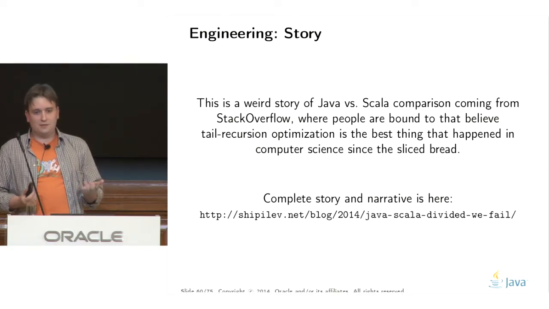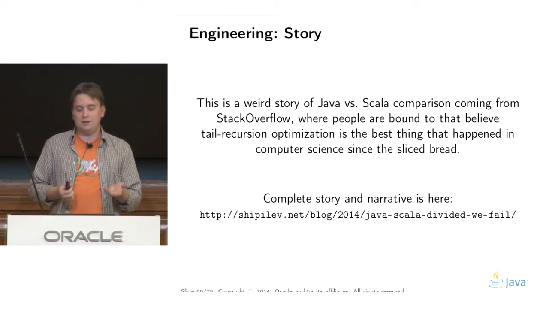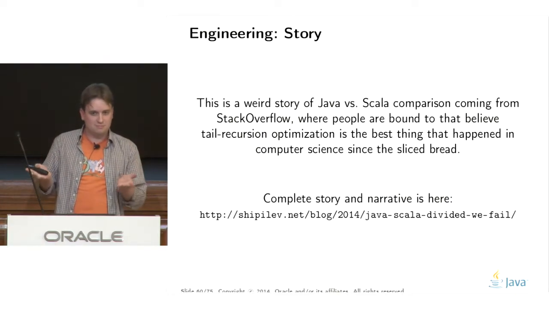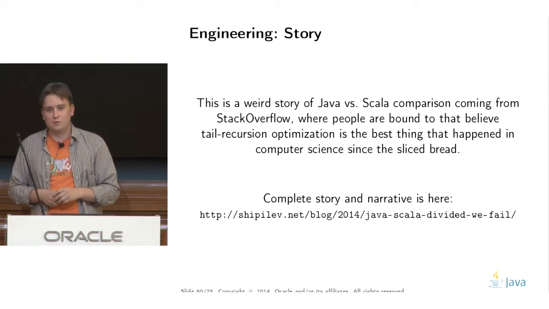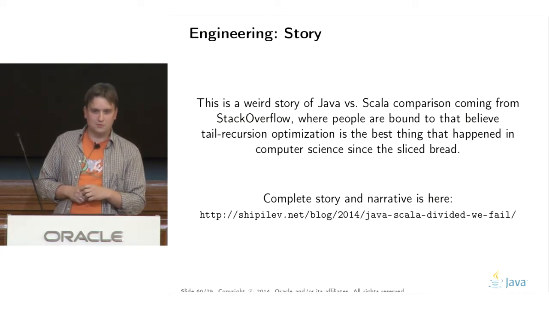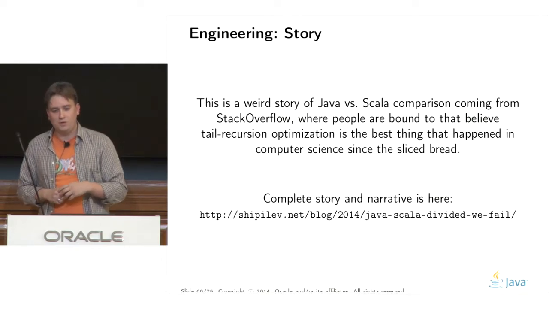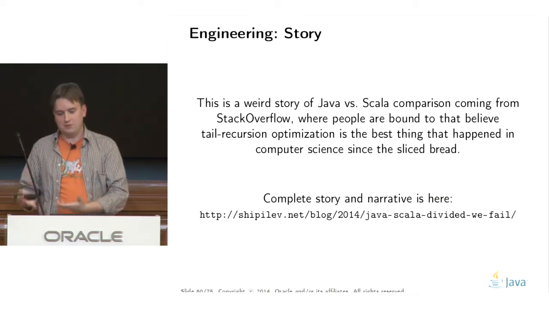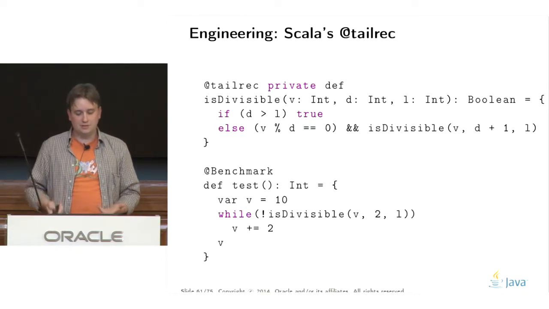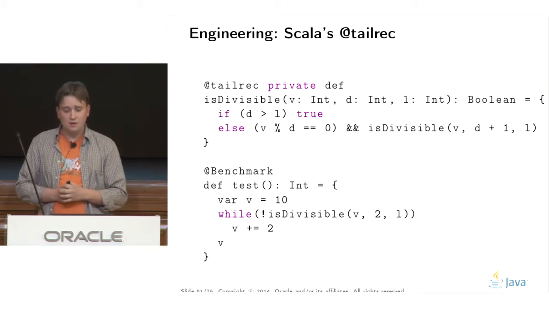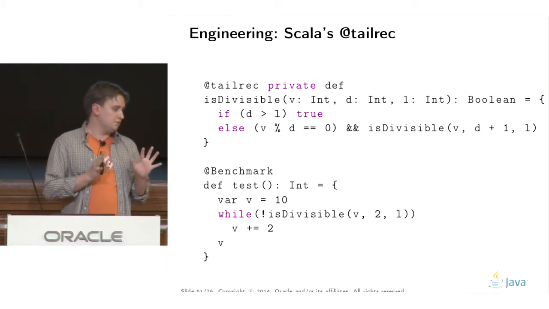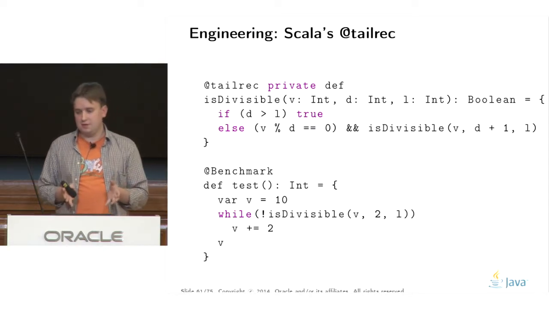And Scala folks have reason to do that, because they have the magic tailrec annotation, which arguably improves performance. So they tried to show that in the benchmarks, right? So what they did is this. They had a very synthetic test.